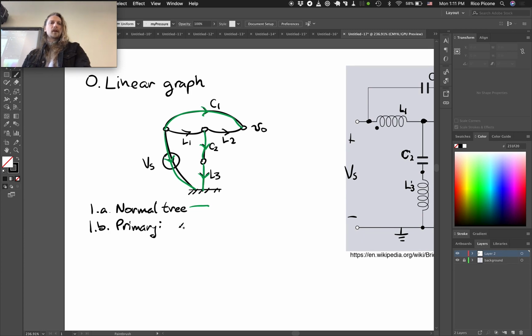I'm ready for my primary variables. My primary variables are across variables on branches. So I've got Vs, I've got VC1, I've got VC2, I've got VL3, and then I've got through variables on links. So I've got IL1 and IL2.